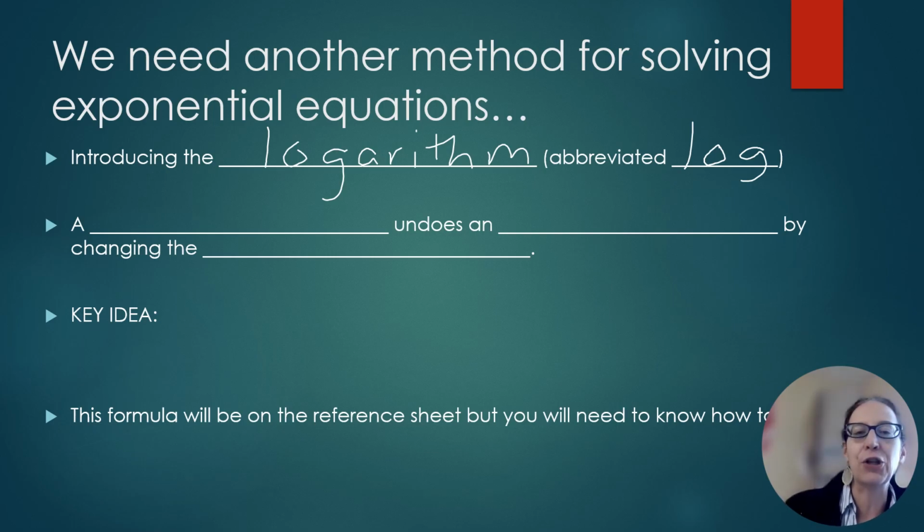Now, what is a log? There's a lot of ways we can define this, but one of the common ways is to introduce it in the concept of inverses. We studied inverses just before the break this year, and we know inverses are functions that undo each other. Adding and subtracting are inverse operations, and multiplying and dividing, squaring and square rooting.